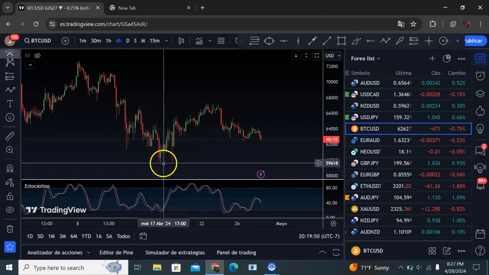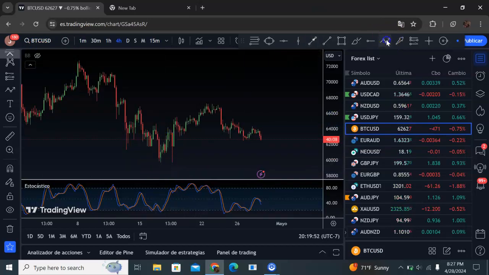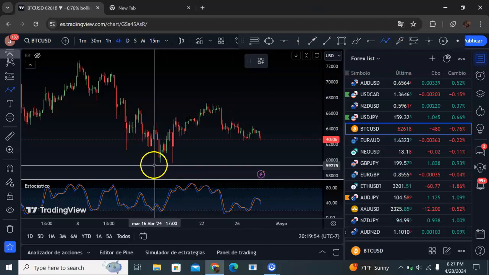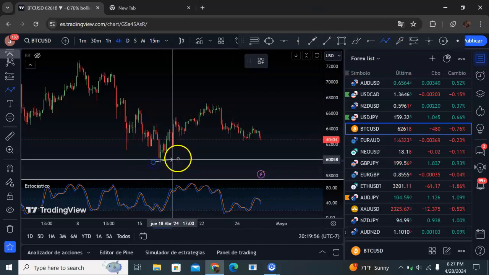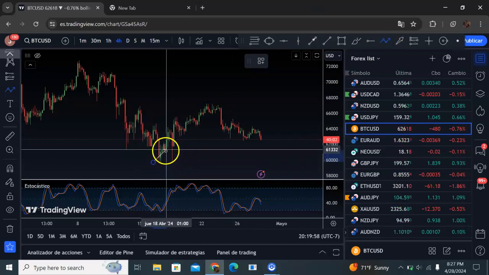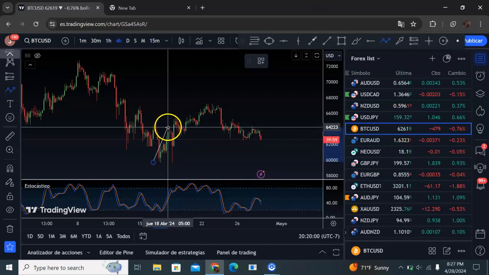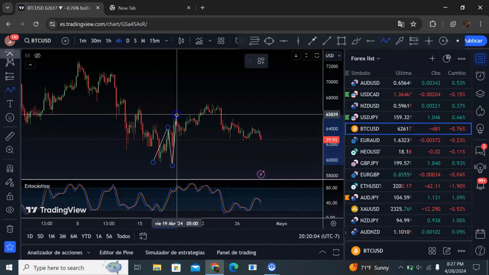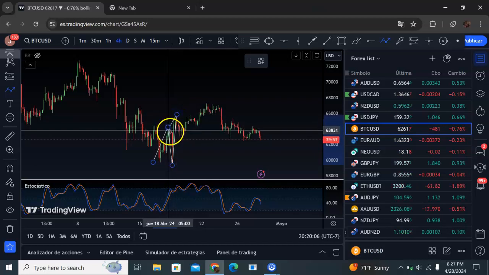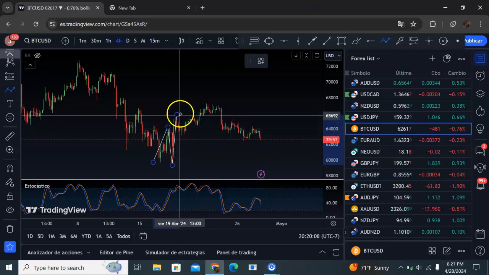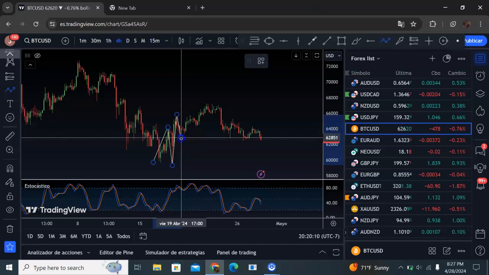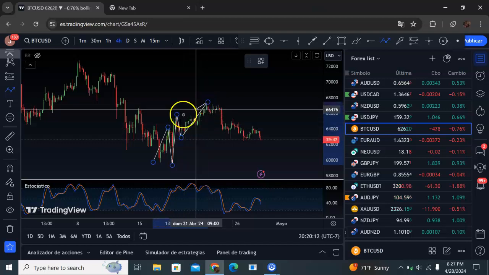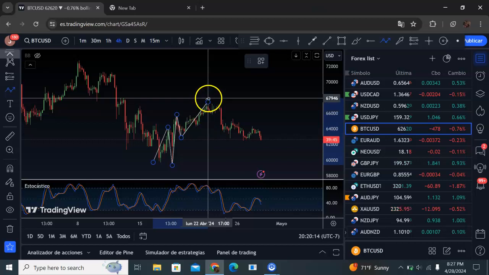So let's do the quick analysis right here. I have a first low right there, and then high, low, break of structure at this point. This broke this structure, and then it went low, and now we have another break of structure right there to the high.